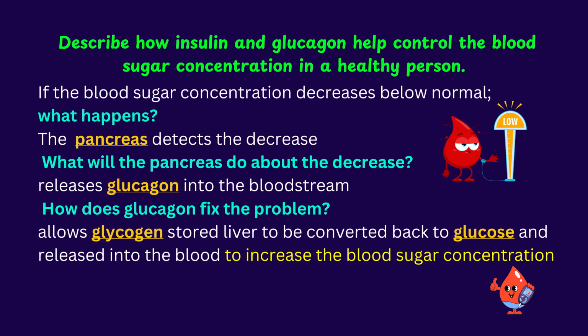It allows for glycogen that was stored in the liver to be converted back to glucose and released into the blood. And this will increase the blood sugar concentration. Remember, the problem was that it was too low. And so breaking down the glycogen that was stored in the liver to glucose and release it into the bloodstream will cause the increase in the blood sugar concentration.